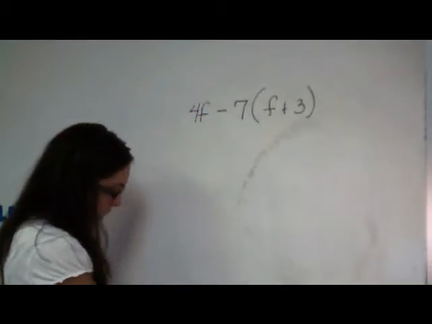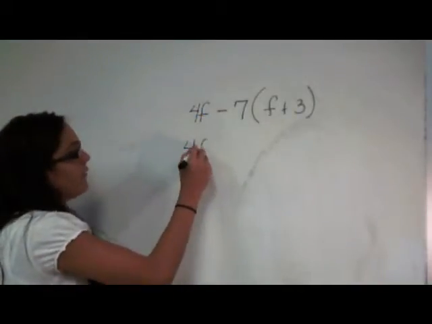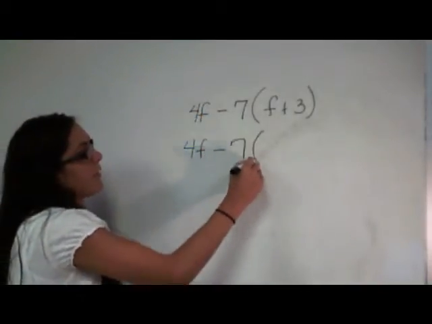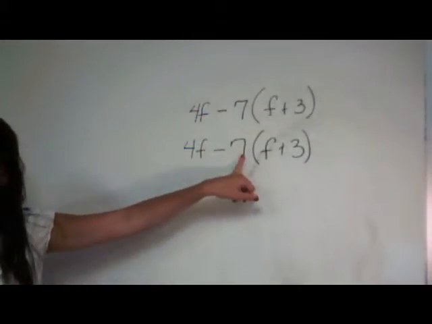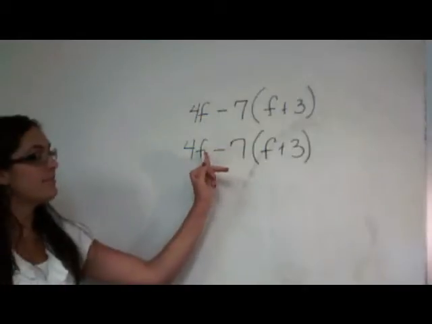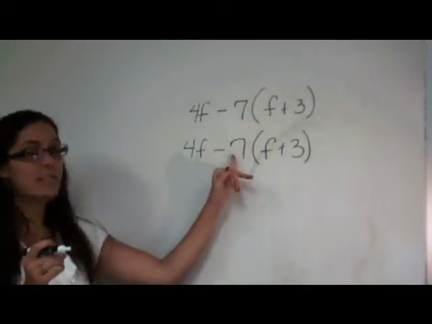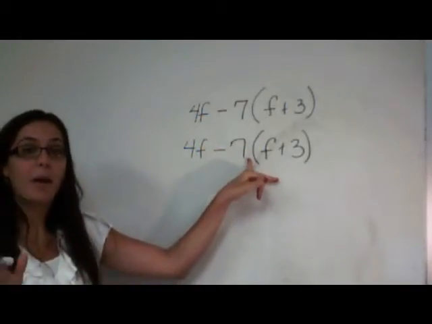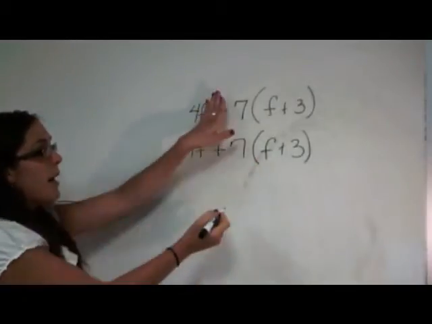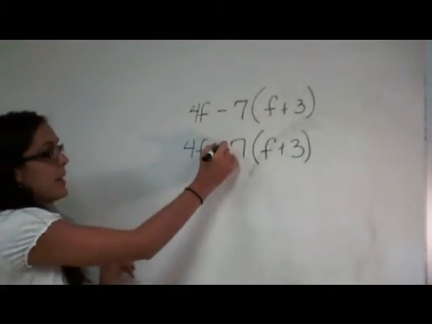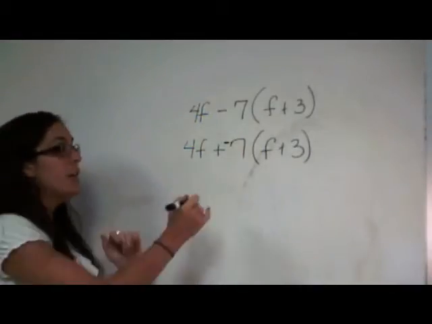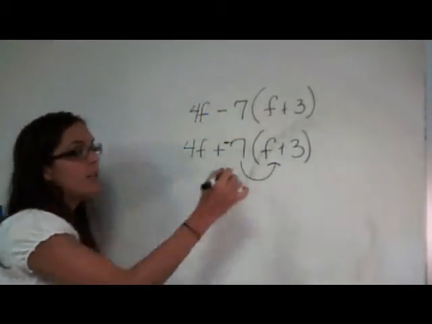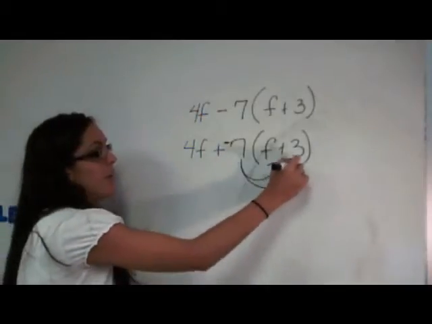So I'm going to have the original problem. I'm going to write again 4f minus 7, parentheses, f plus 3. And again, the sign that's in front of it stays with that number. But some people forget about that, so I'm going to add here. I'm adding the opposite of a 7, which is going to be a negative 7. The reason I want to make sure you do this correctly is because we need to distribute this negative 7 to the f and to the 3.